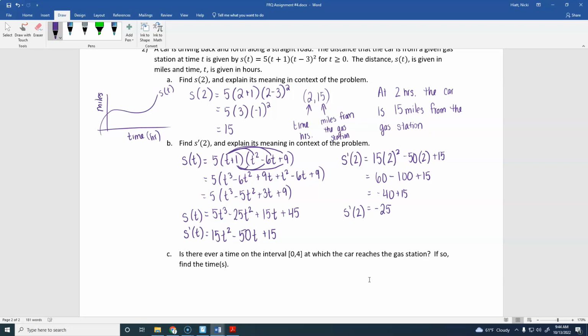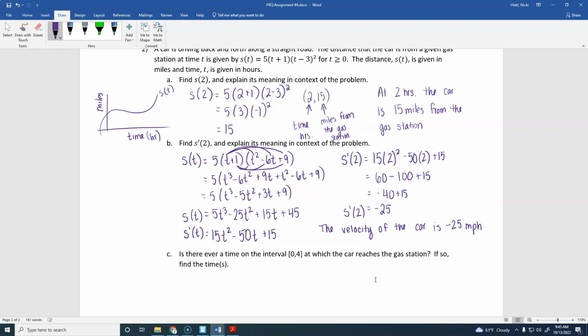So when we take the derivative, that's the slope, right? That's our change in y over our change in x. So that's miles per hour. So we could say the velocity of the car is negative 25 miles per hour.